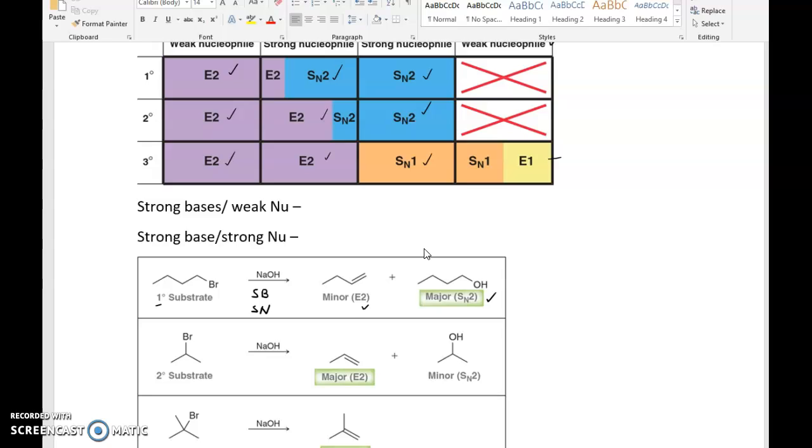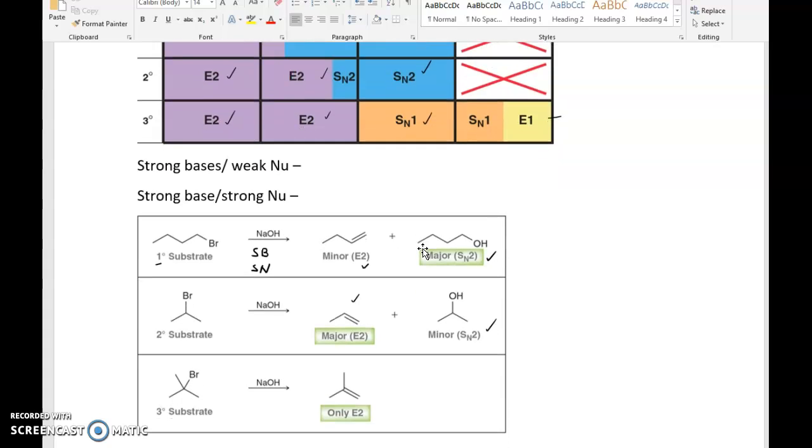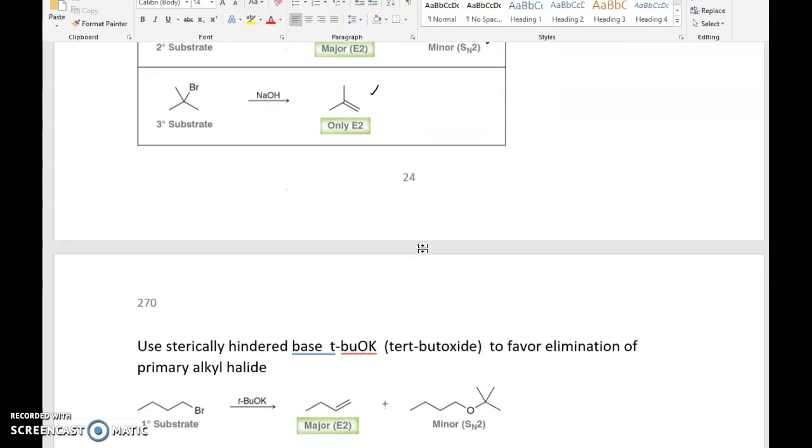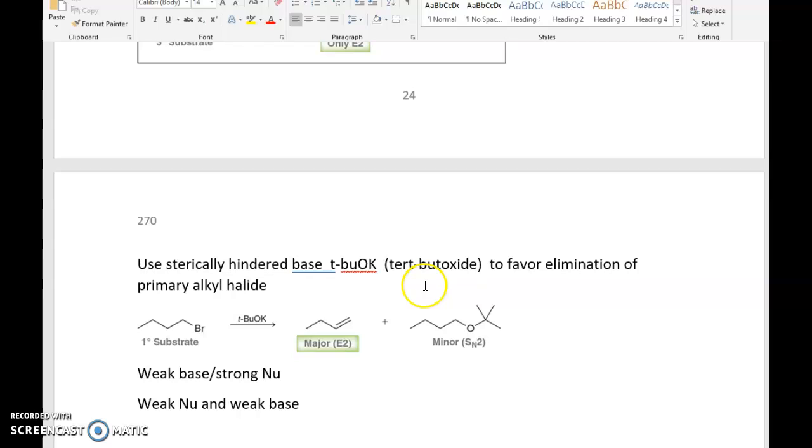If we have a secondary substrate, the same reagent, we expect to have the elimination as our major and the substitution as our minor. If we go to a tertiary substrate, we only get the E2. Let's do one more thing before we go.